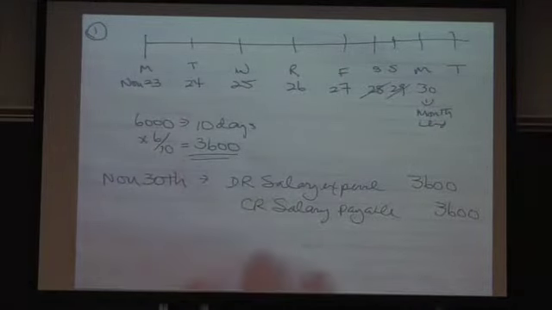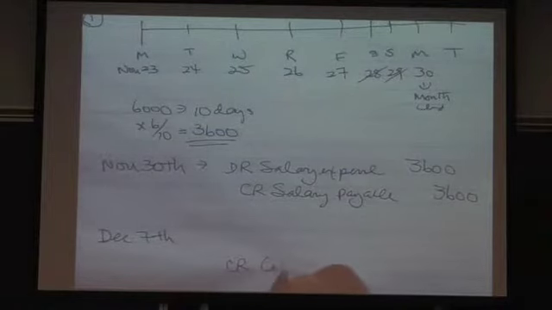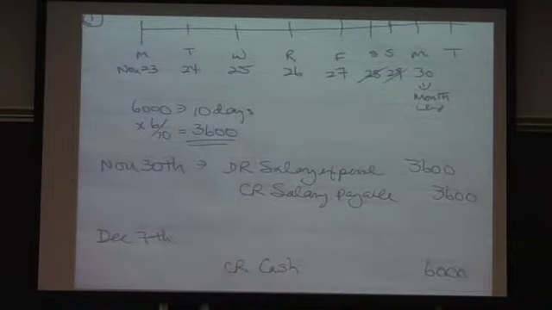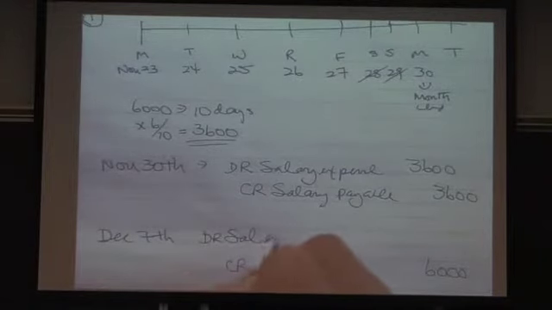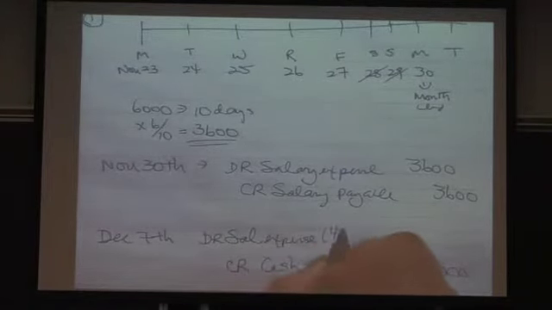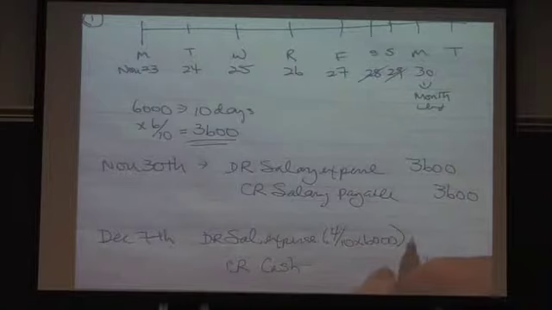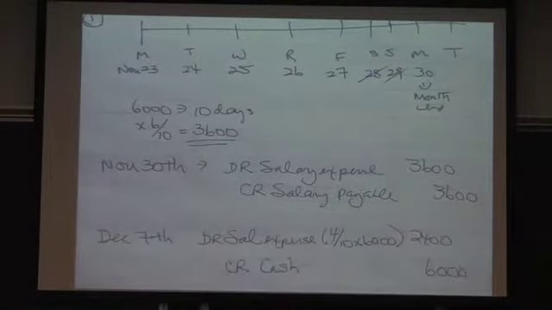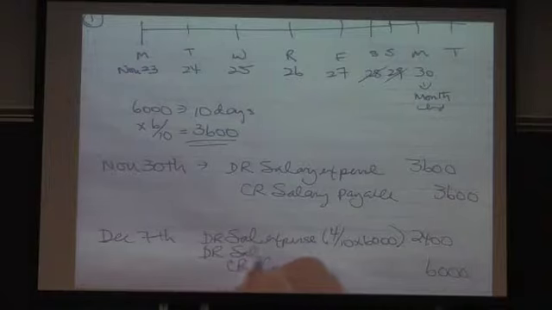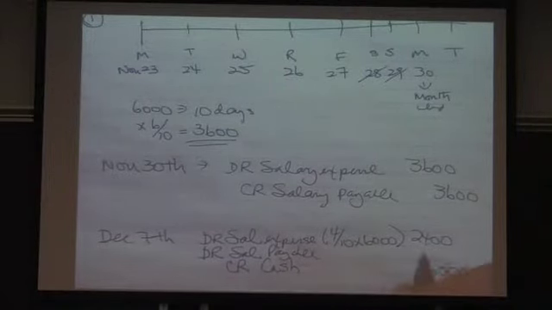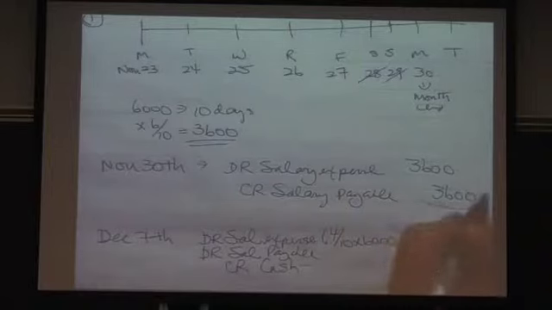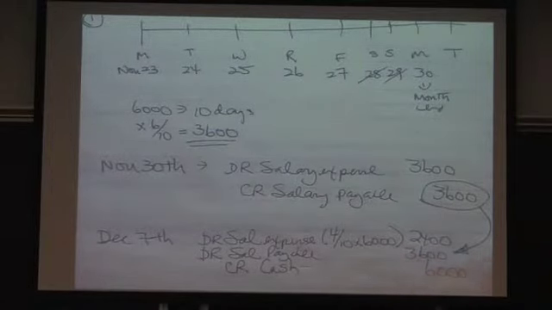Now, on December 7th, which is when it's paid, we record a credit to cash because we paid out 10 days' worth of salaries. We're going to record a debit to salary expense for the 4 out of 10 days, which is 2,400, and we're going to debit salaries payable for the 3,600.